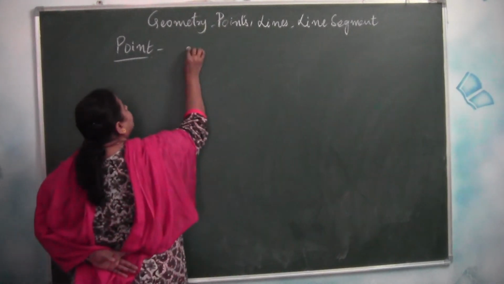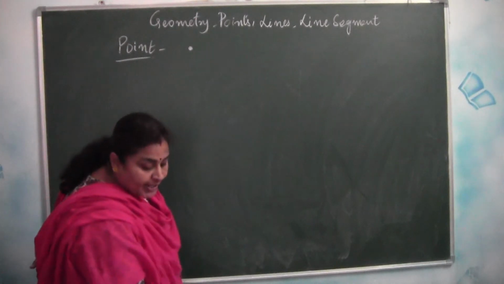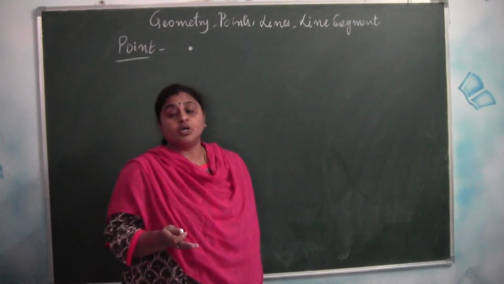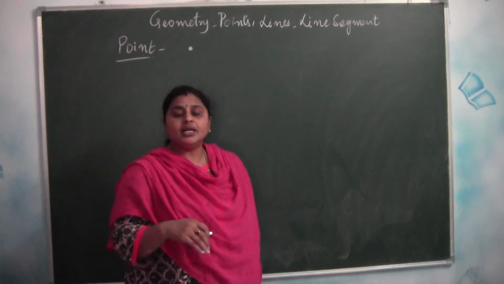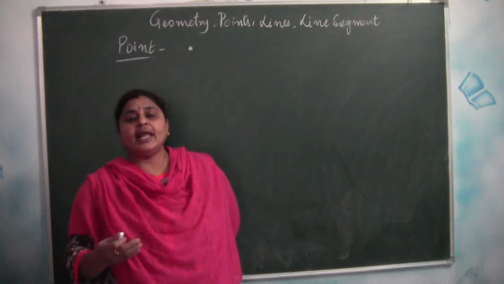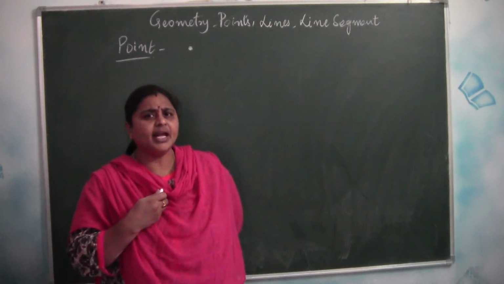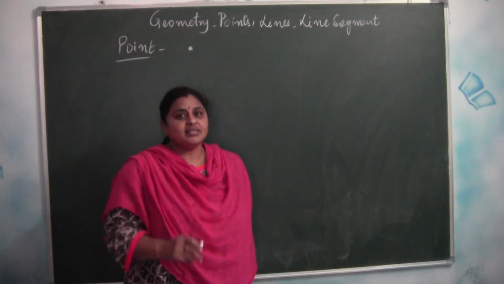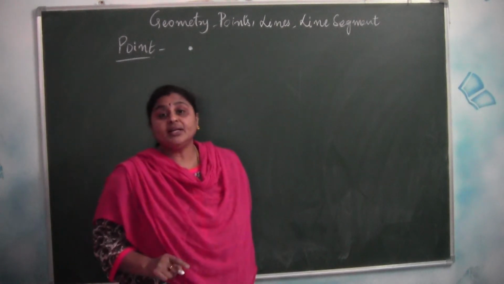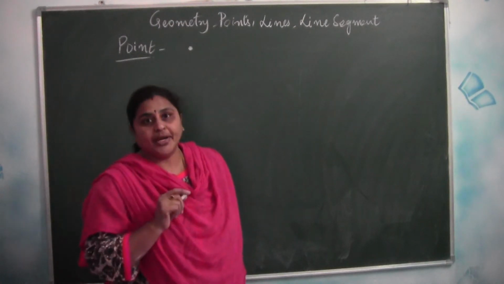Okay, so a small dot represents a point, and these points have names also, like how you people have your names. Similarly, we have to name a point. Now what name do I have to give? Should I give my name? No. So generally we use uppercase alphabets, that is capital letters, to name the point, right?